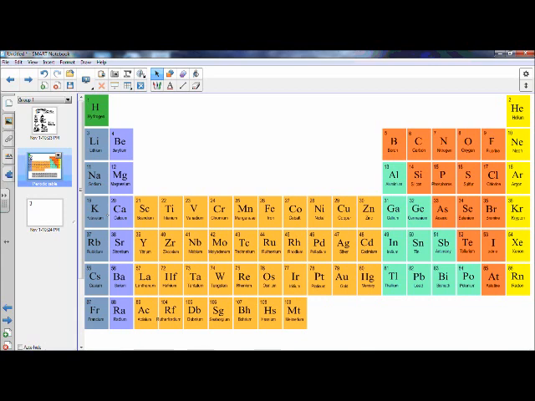First of all, we know that there are 7 energy levels, main levels where electrons can be located. If you look at your periodic table carefully, you'll notice that there are 1, 2, 3, 4, 5, 6, 7 rows or periods. I'm going to erase this for a second.